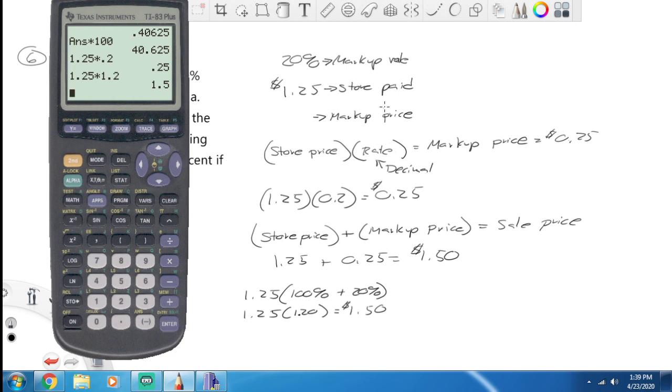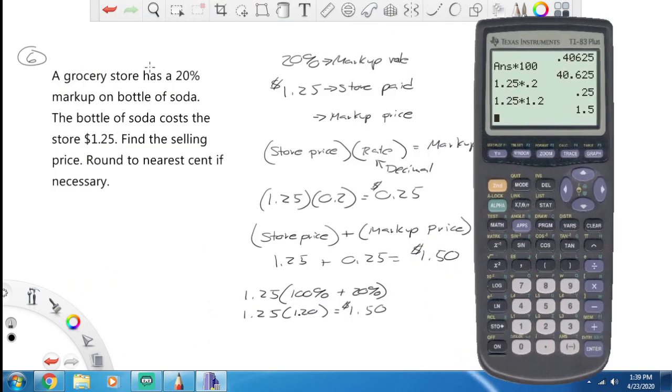It's a pretty straightforward process. You want to find 20% of this and then add it to it. That's all you're doing. So if you want to reword this, you're saying what is 20% of 125.